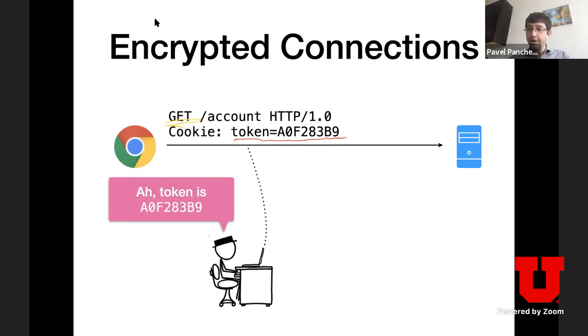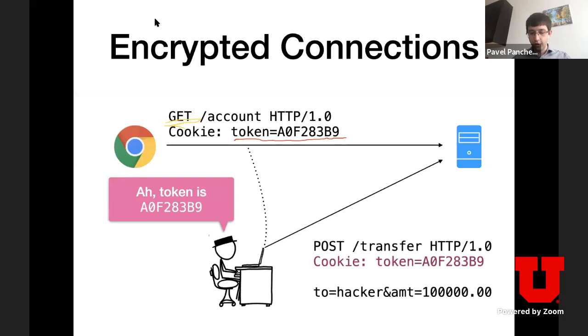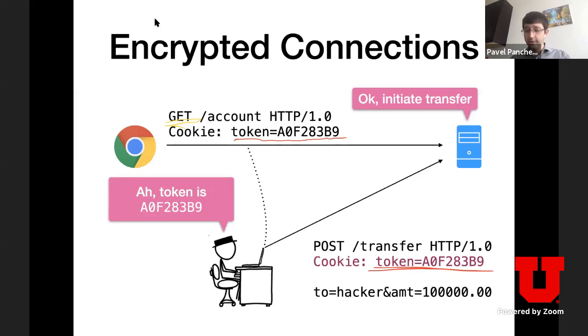And because knowledge of that token is what makes your browser represent you, and since now Man in Hat has the token, he can also send requests to the bank using that same token to authenticate this request as coming from you, except now he's no longer doing a read, he's doing, for example, a transfer on your bank to himself. No actual bank works this way, this would be absurd, but you can get the general idea.